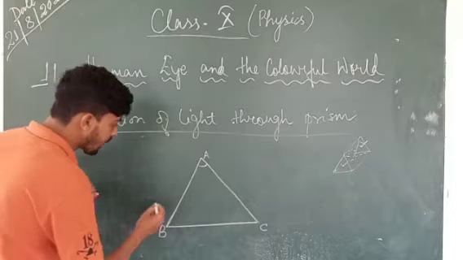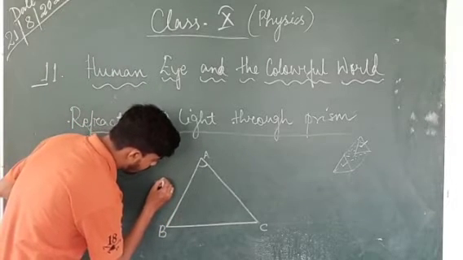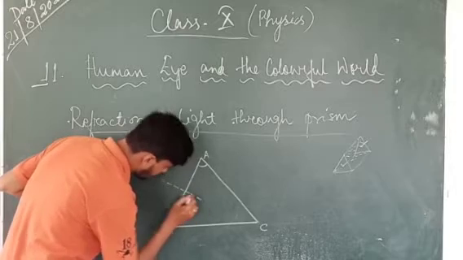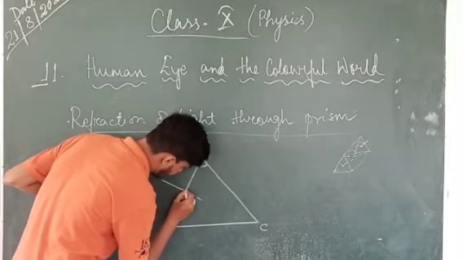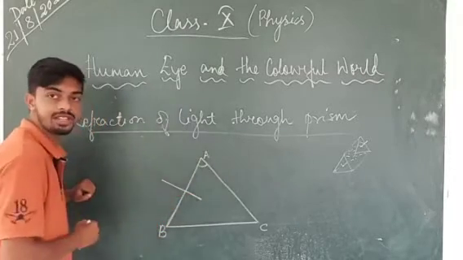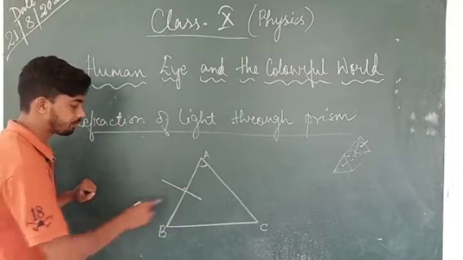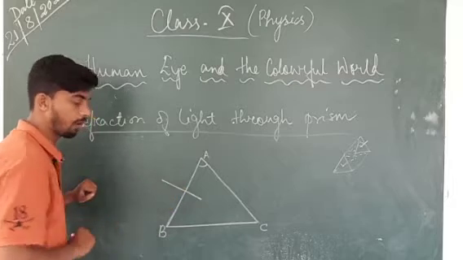For example, I am drawing a normal onto this surface. That means this angle is 90 degrees.